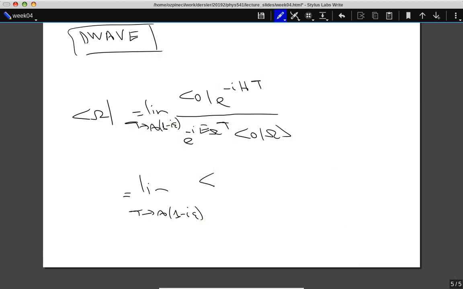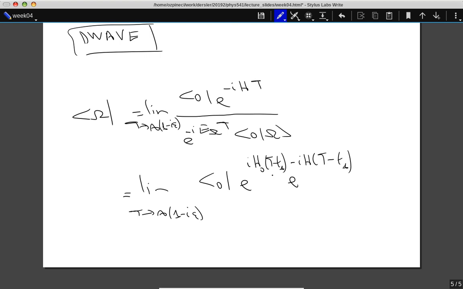Now this will be equal to the limit as t goes to infinity (1 minus i epsilon) of 0, e to the power minus i H (t minus t1). I would like to insert an e to the power i H0 (t minus t1).